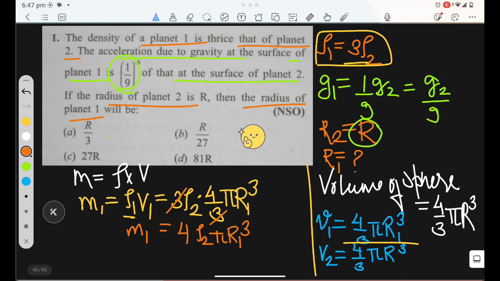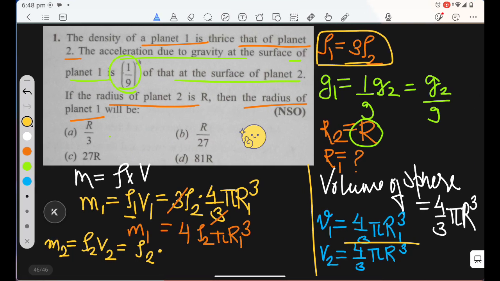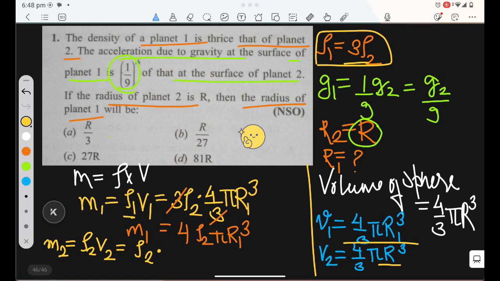Similarly, if I calculate m2, m2 will come out to be rho 2 times v2. The density of the second planet we have taken as rho 2 only. Volume of the second planet is 4 by 3 pi r cube.